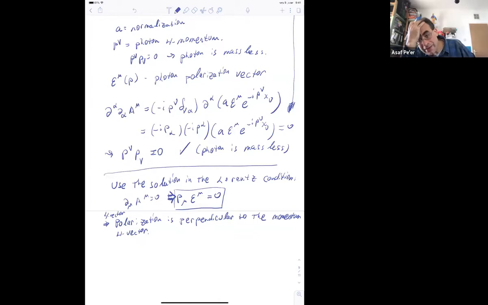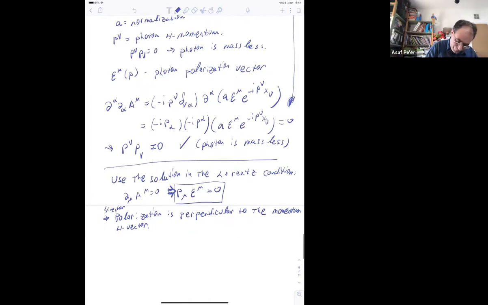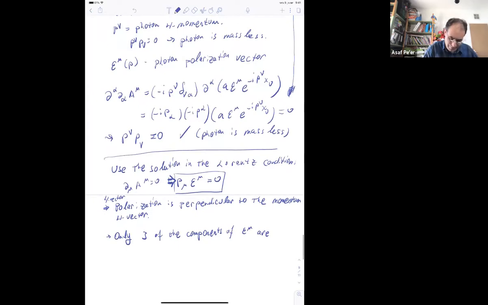So that automatically tells us that we only have 3 components of the polarization vector that are independent, because the 4th one is set by this Lorentz condition. So only 3 of the components of ε^μ are independent.